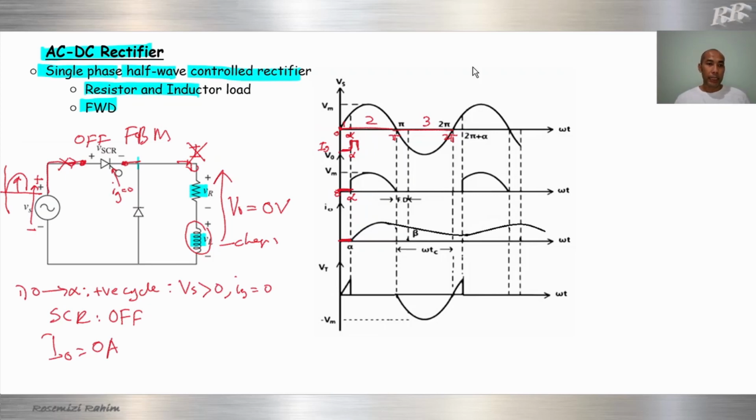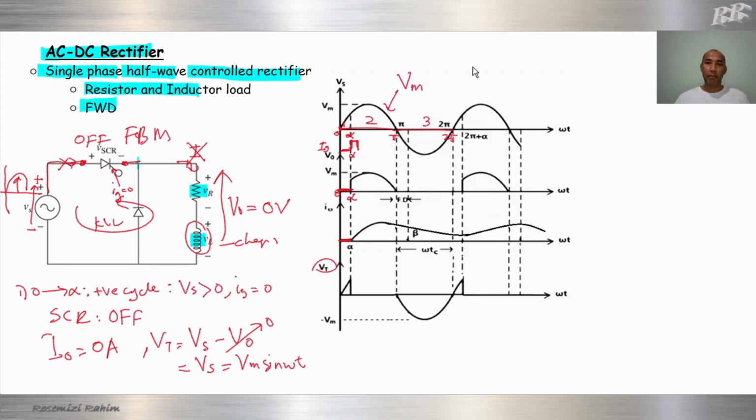How about VT, the thyristor voltage? We're using KVL here. V thyristor equals V source minus V output. In this case, V output equals 0, so V thyristor equals V source, which equals Vm sin omega t. This one is sinusoidal.